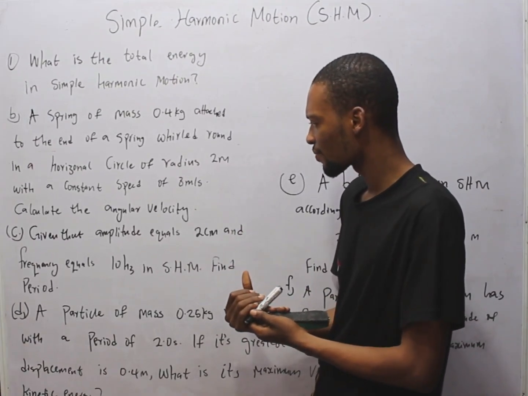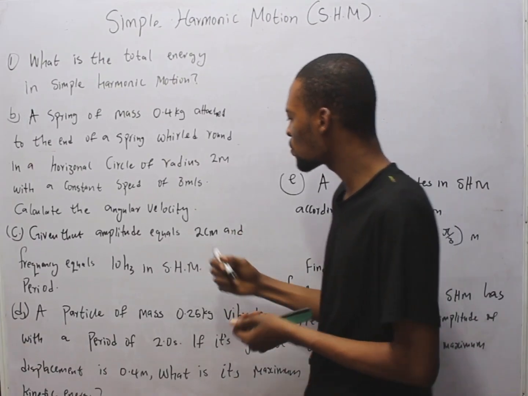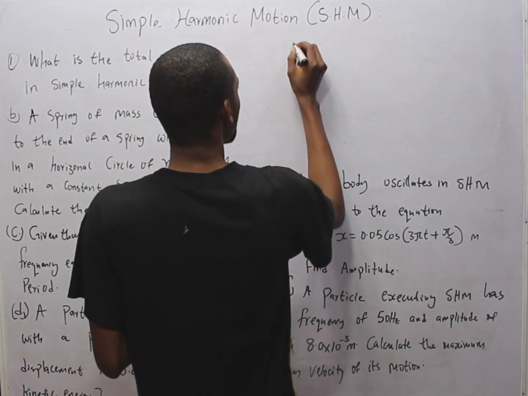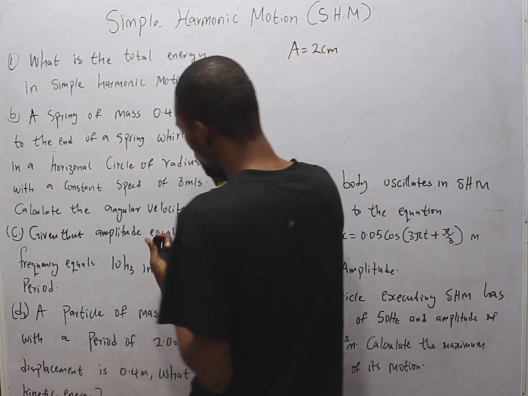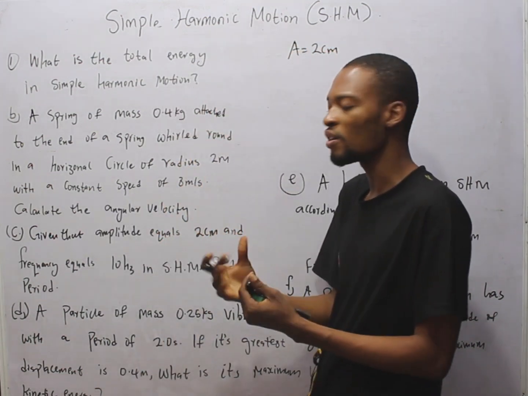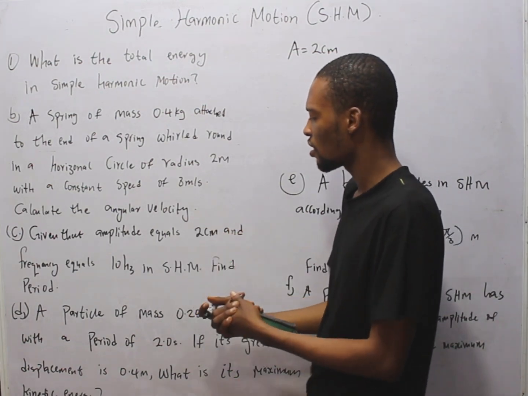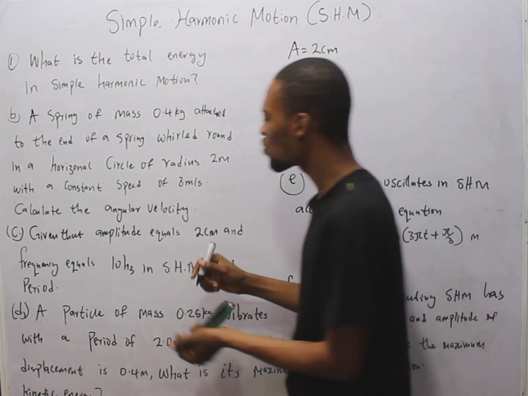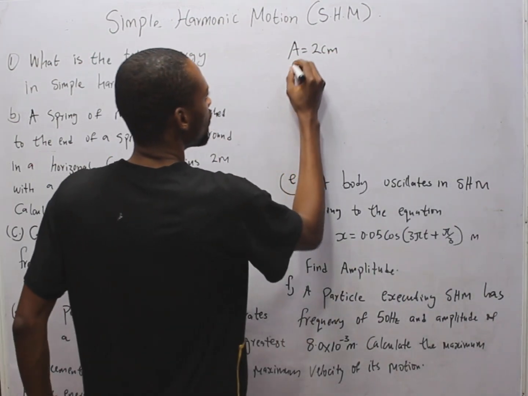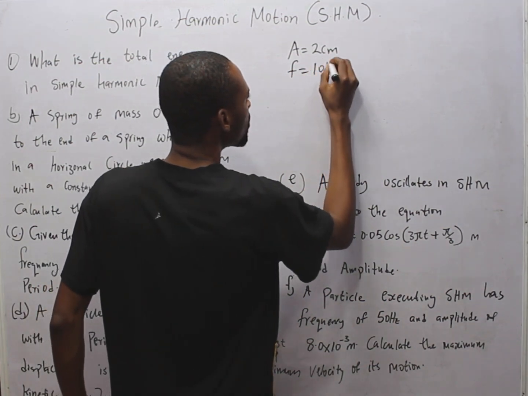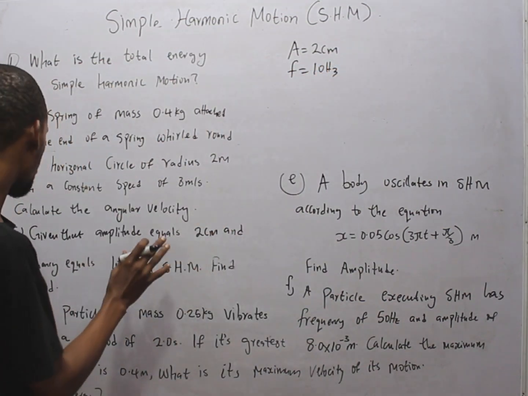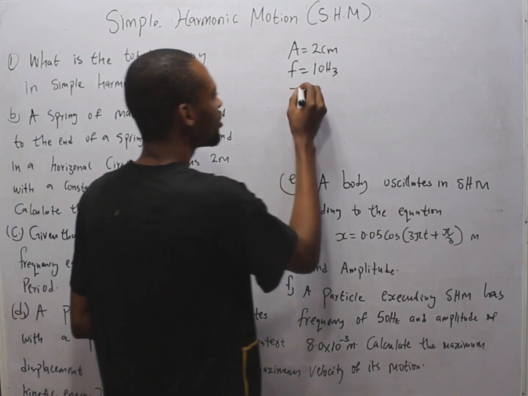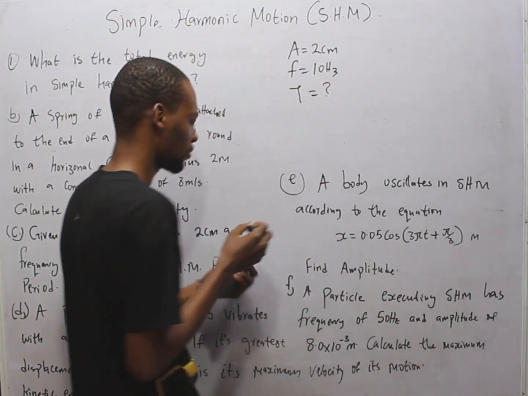Given that amplitude equals 2 centimeters, remember amplitude is the maximum displacement from the equilibrium position or from the mean position, and it says that the frequency equals 10 Hz. Hertz is the unit of frequency, so frequency equals 10 Hz. Find the period. T equals question mark.